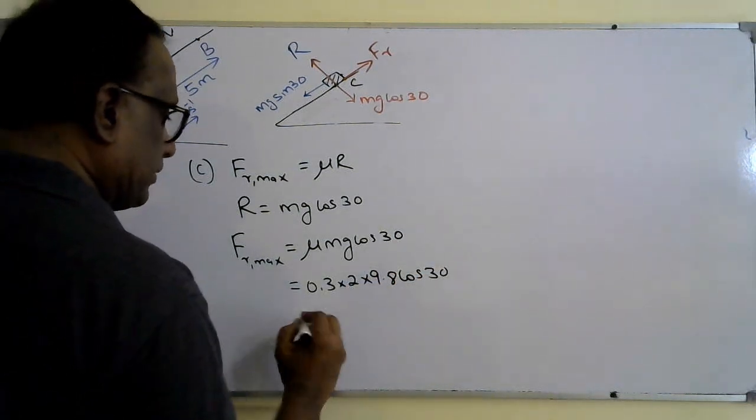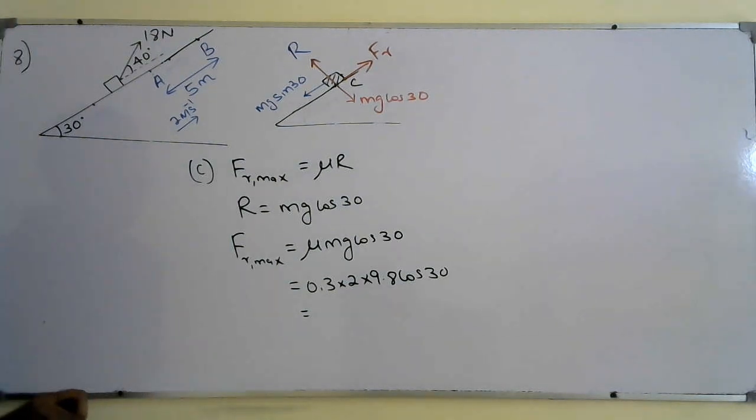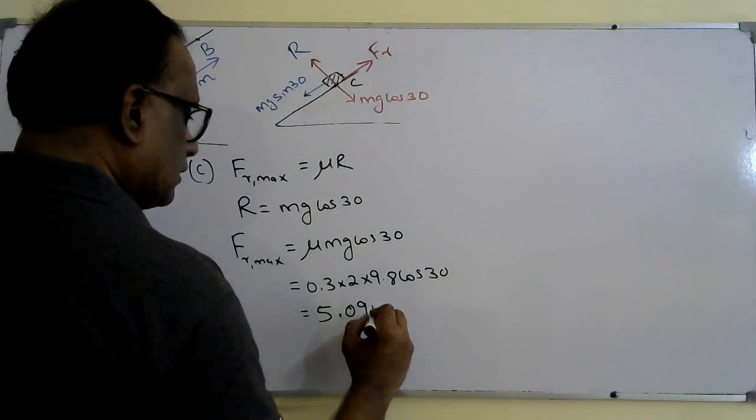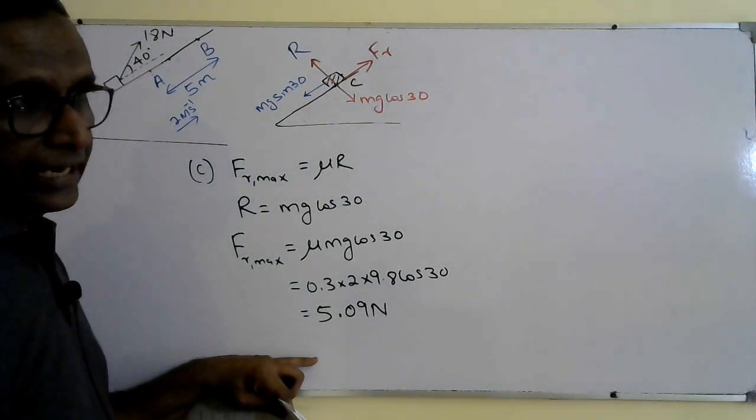So this is the maximum friction that could be applied on the parcel or box. That will be equal to 5.09. So the friction can't be more than this.